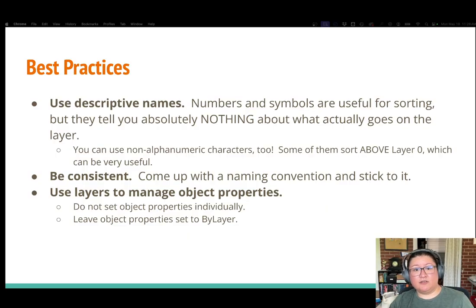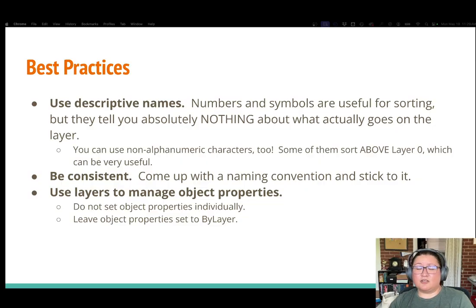And if you want someone else to be able to open your drawing and understand, that's going to be important. You also will not remember. Like if you just have a number that stands for a unit, you will not remember what that number means later. Put words on it. You should have words.